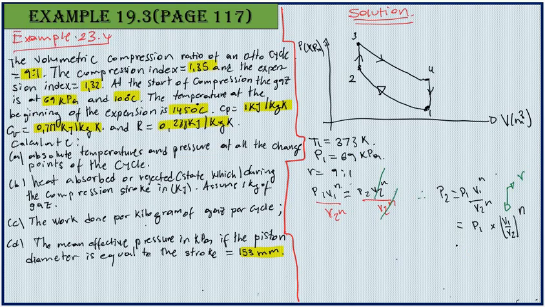Therefore we can conclude that P2 is equal to P1 multiplied by the volumetric ratio to the power of N.